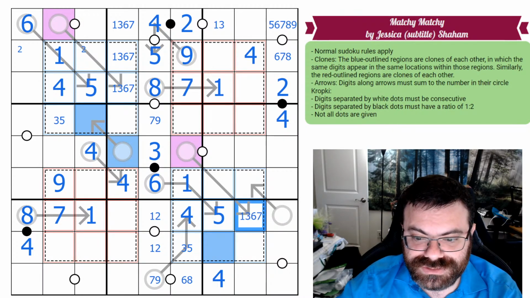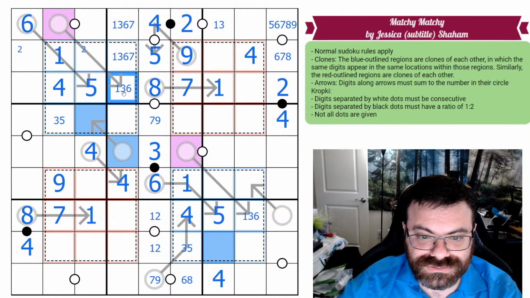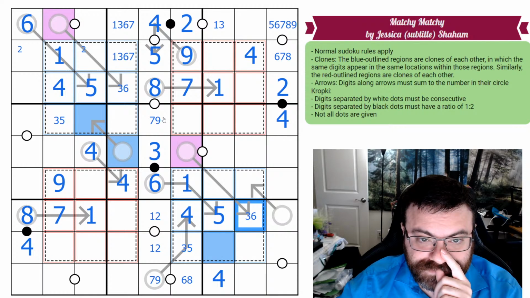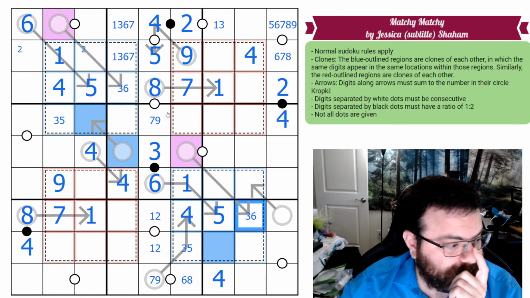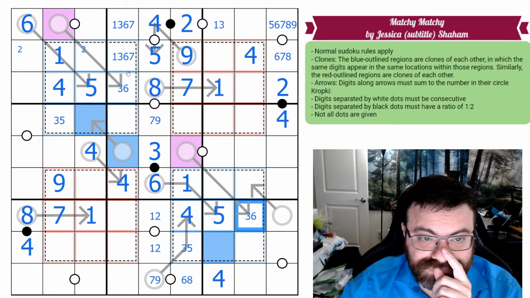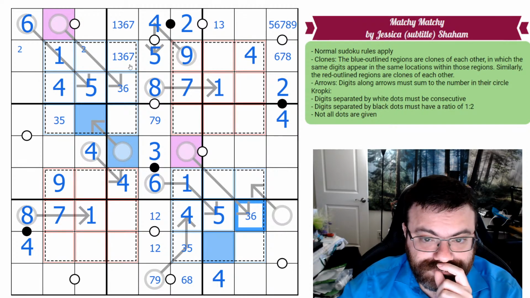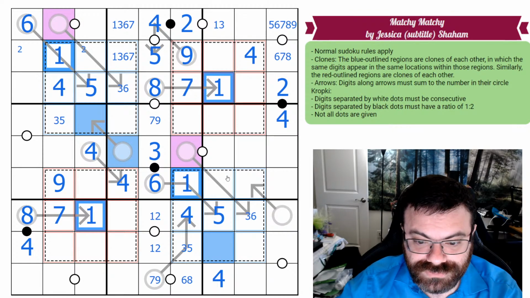This is 1, 3, 6, or 7. Can't be 7, so that's not 7. It's not 1 either. How are we doing on ones?